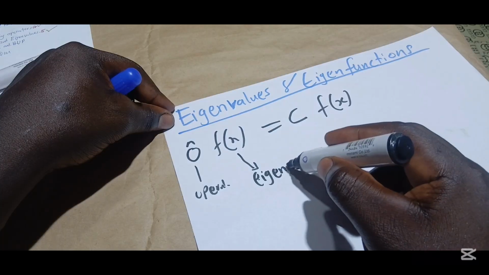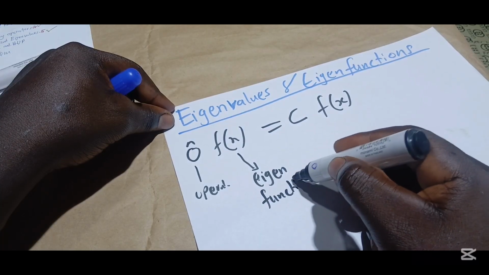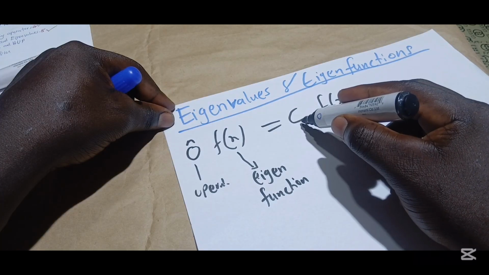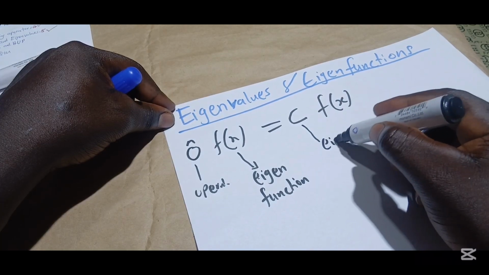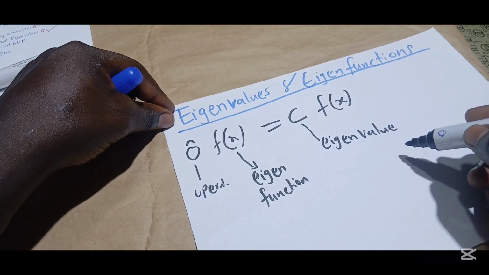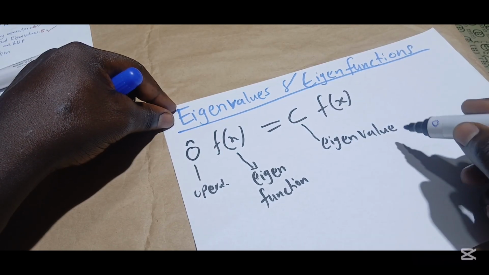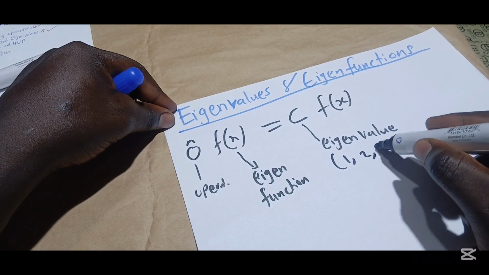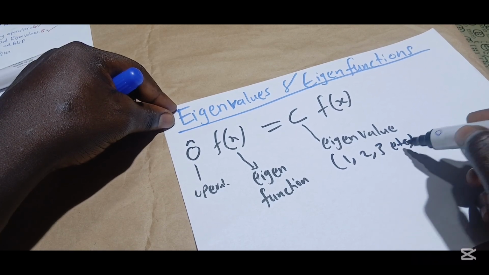Eigenfunction is a combined word. And this here is our eigenvalue, which is a constant, a real number, for example 1, 2, 3, etc.